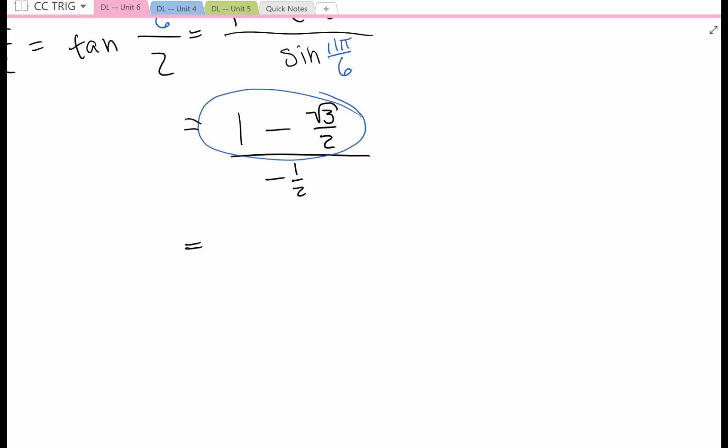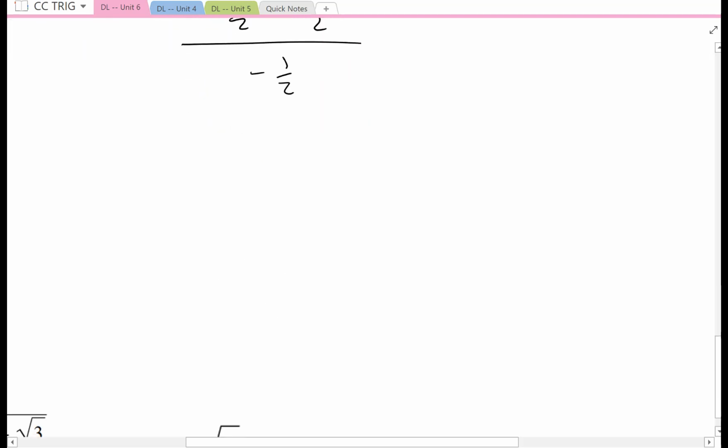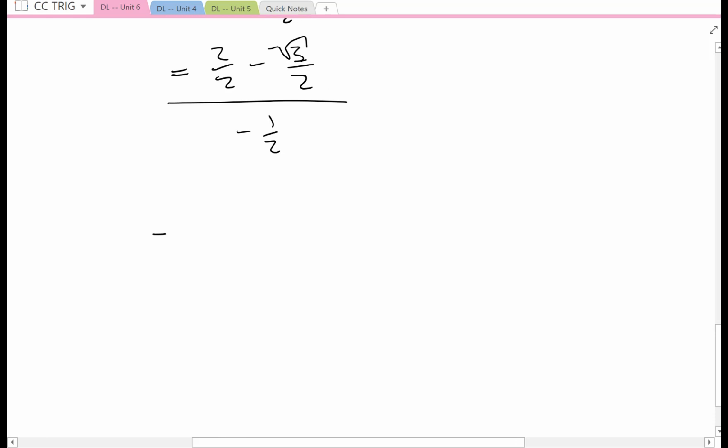We just combine and simplify. So 1 is equal to 2 over 2 minus root 3 over 2 divided by negative 1/2. So I have a fraction on top that's 2 minus root 3 all over 2. That's dividing the fraction negative 1/2.